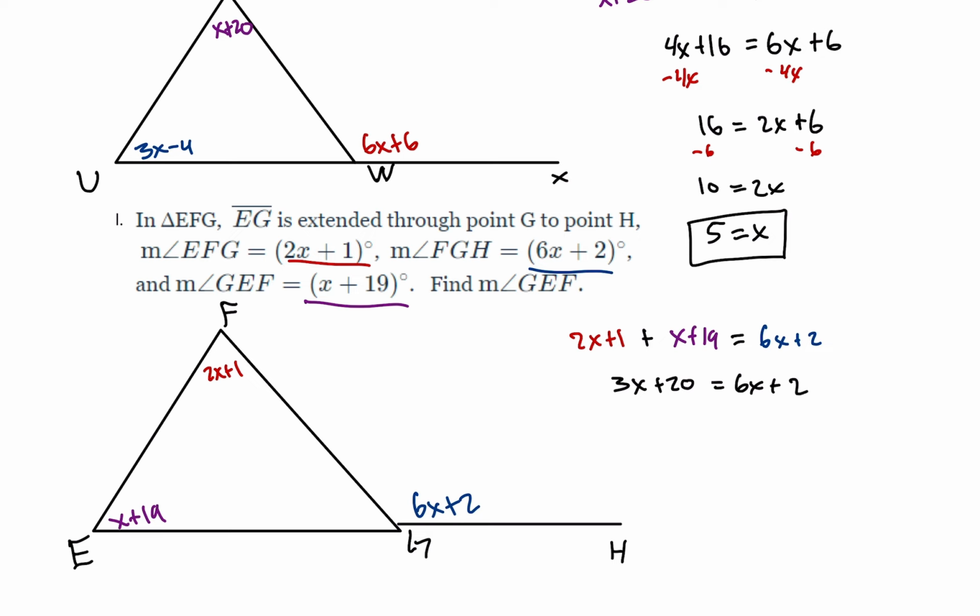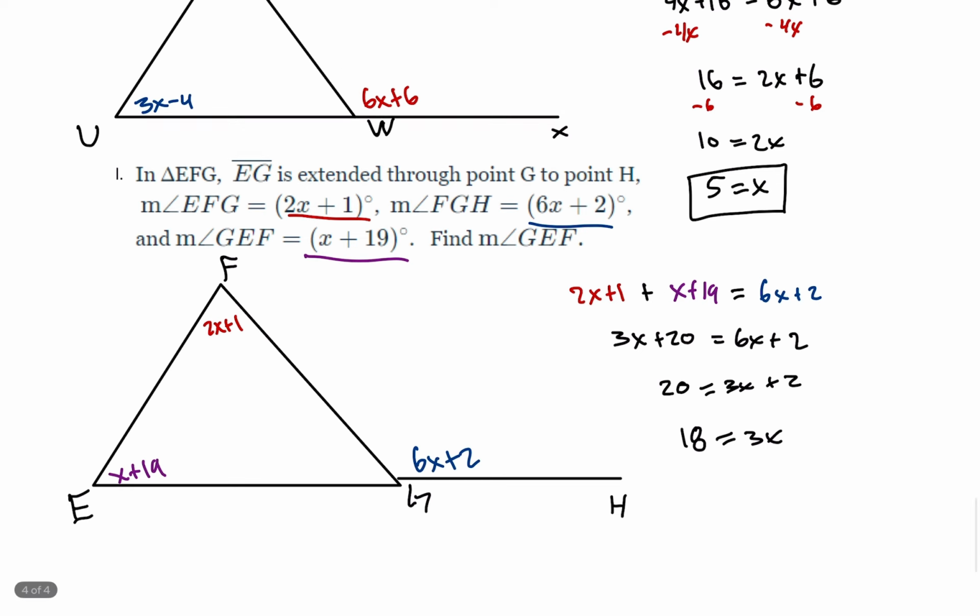And then I will subtract my 3x from both sides. I'll get 20 is equal to 3x plus 2. And then I'll subtract 2 from both sides. I'll get 18 is equal to 3x. Then if I divide both sides by 3, I get 6 is equal to x.